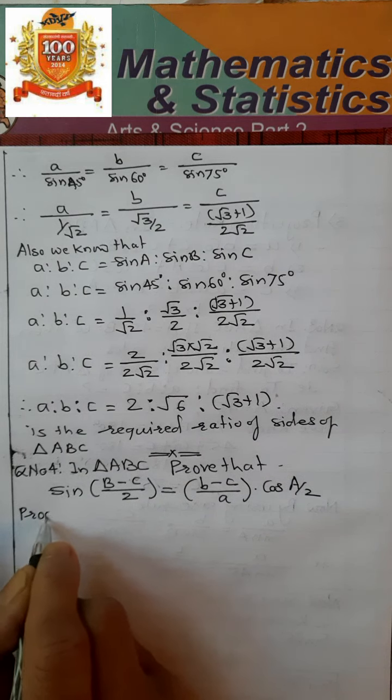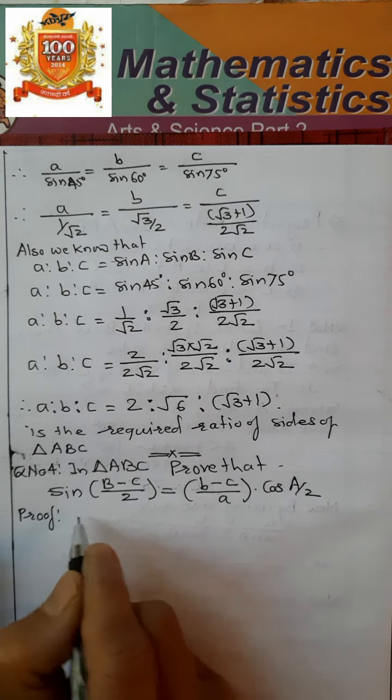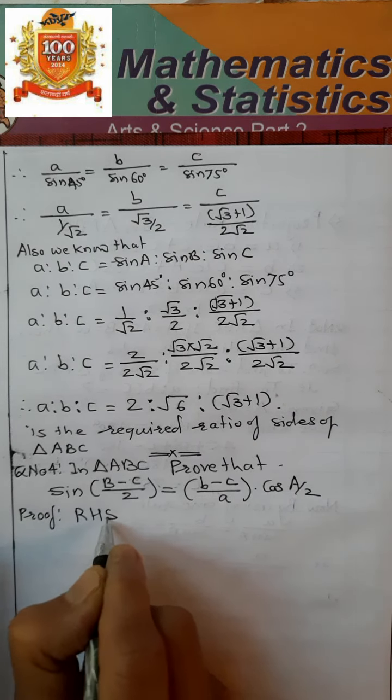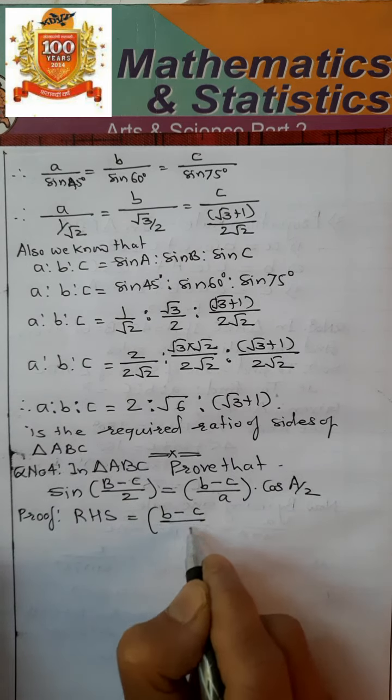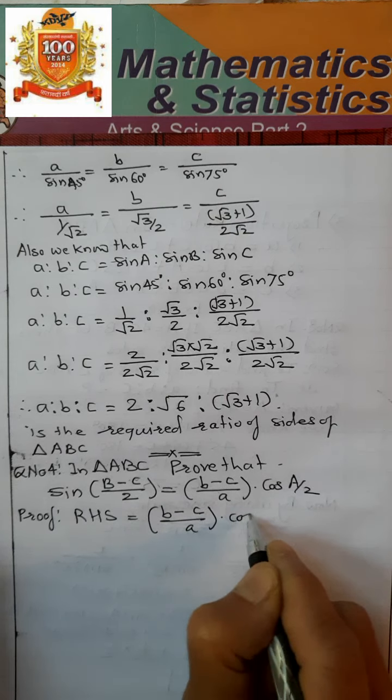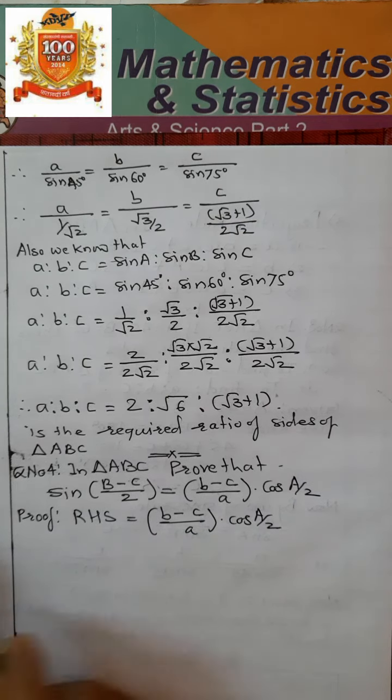Proof. RHS is equal to b minus c upon a into cos A by 2.